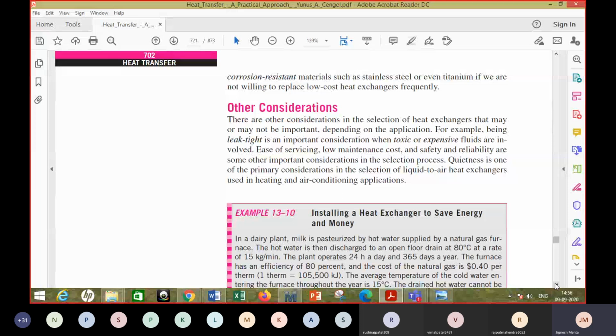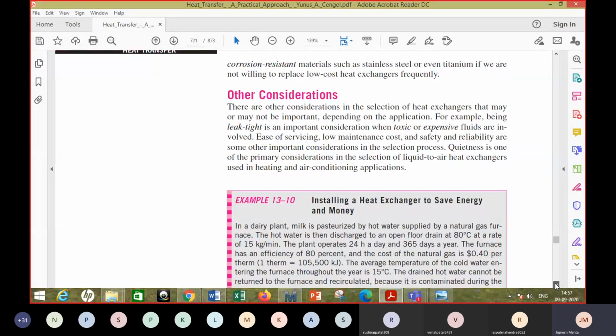But the moment you use other liquids whose cost is much higher, and sometimes it may not even be advisable from the point of view of pollution or environment to allow some liquids to leak. So in that case, if you are dealing with air or water, it may not be a big issue or concern, but for many other materials or fluids, it may be an important consideration. So depending upon the application, there could be very unique other considerations also, which might play a role in the design of the heat exchanger.